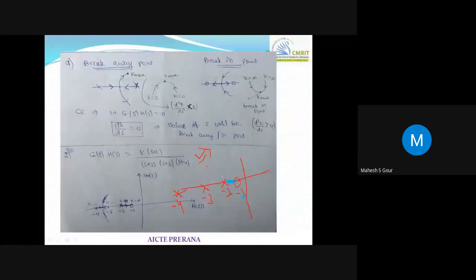Now when I check in between -2 and -3, there is one pole and one zero. So when I add 1 plus 1, it becomes 2. So there is no root locus in between -2 and -3. Got it?